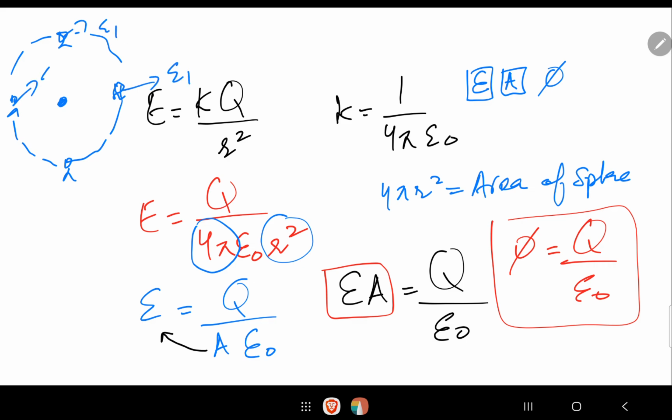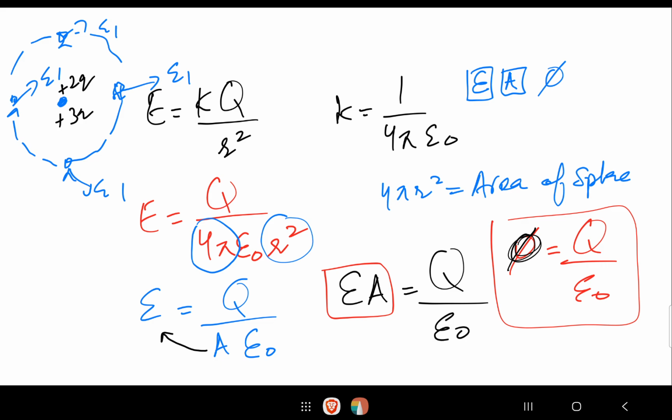All E1 is the same. The only thing that can cause E1 to change is the charge here. If I make it plus 2Q, my E1 will change. If I make it plus 3Q, my E1 will change. So the only thing that can change my electric flux is the charge.